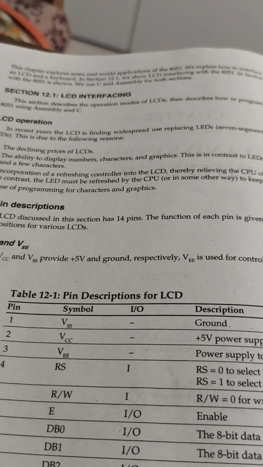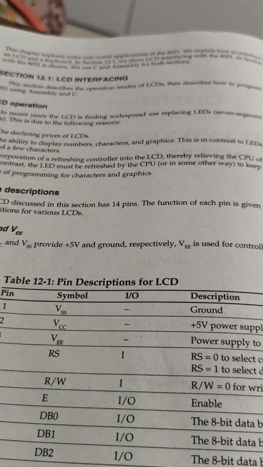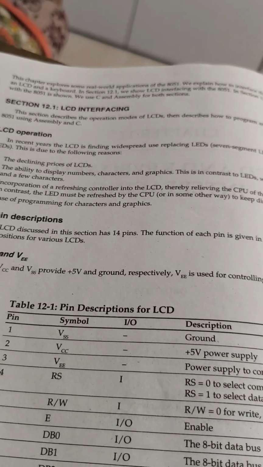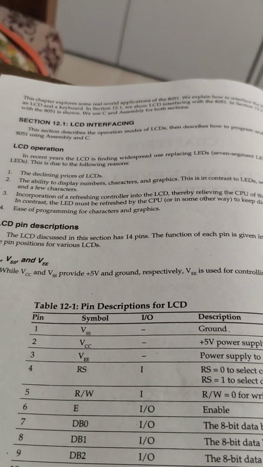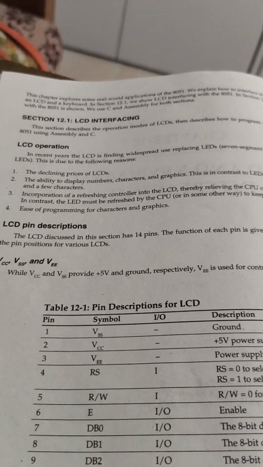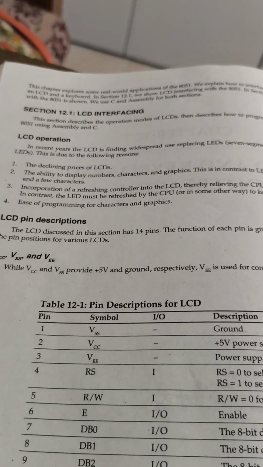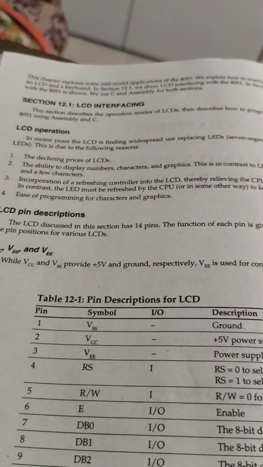But the main application of this microcontroller is that we can control external devices and components which are interfaced to the 8051 microcontroller. Here, if we want to display a message, whatever message we want we can display on the LCD.